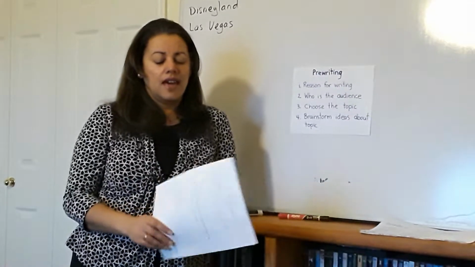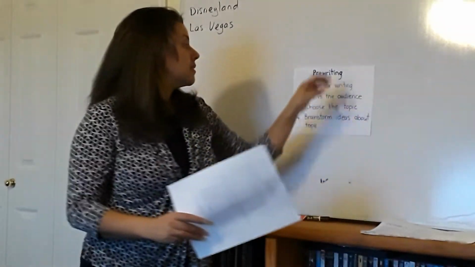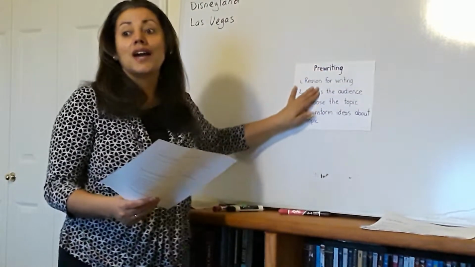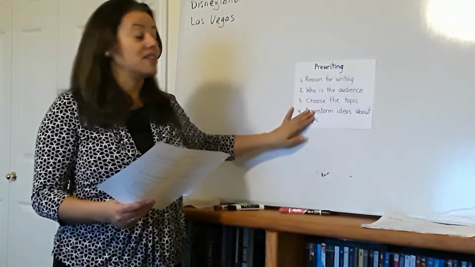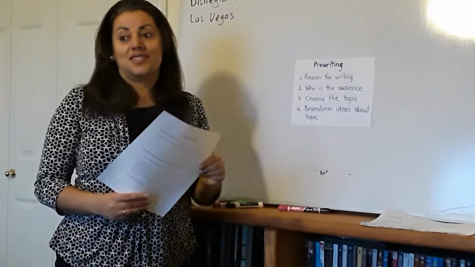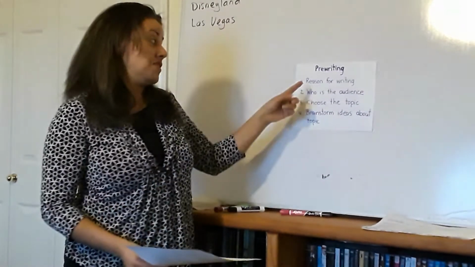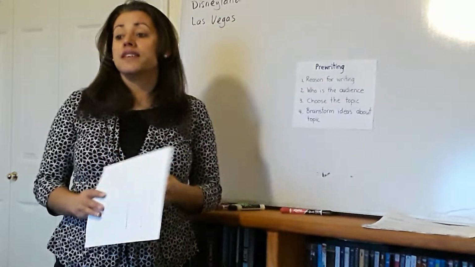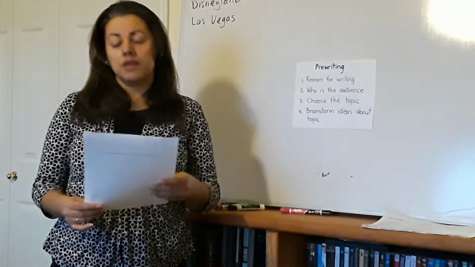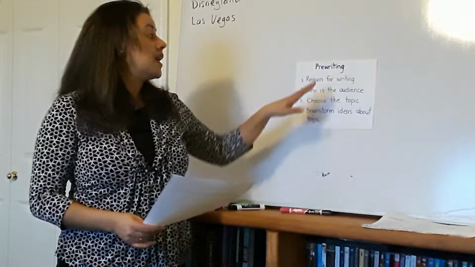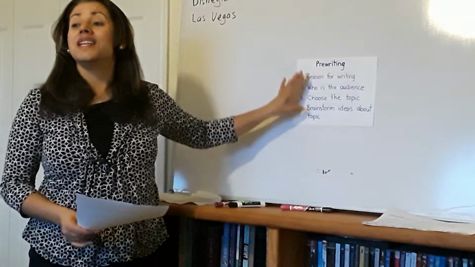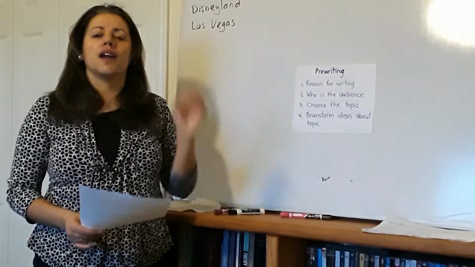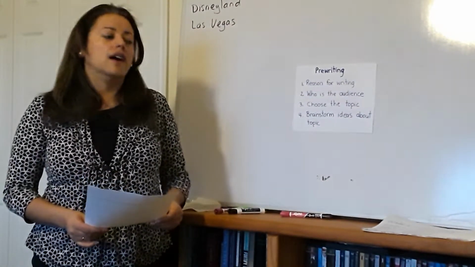Great. And now, the next part was to write the 4 steps, right? Without looking. So if you have this on your piece of paper, that means you did great, and I'm sure you did. I can see that most of you have been able to understand that pre-writing actually has 4 steps, and we need to go through each of them in order to do a good piece of writing.